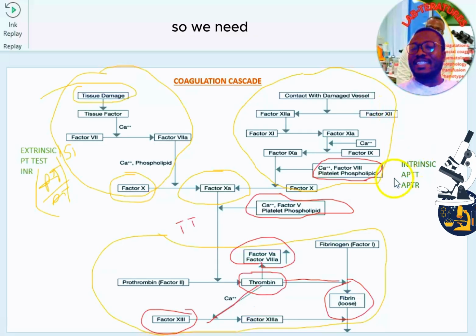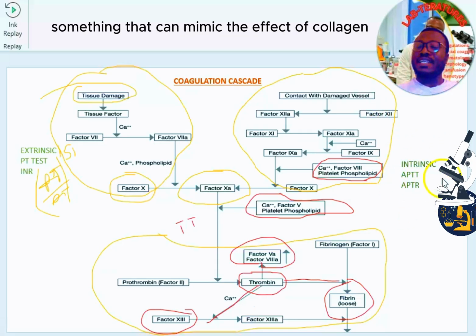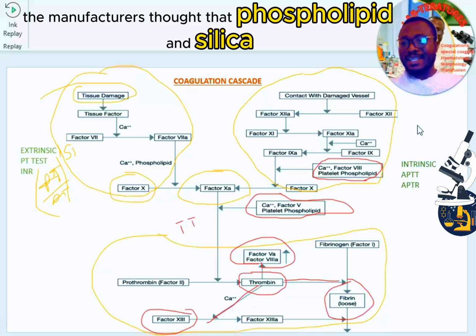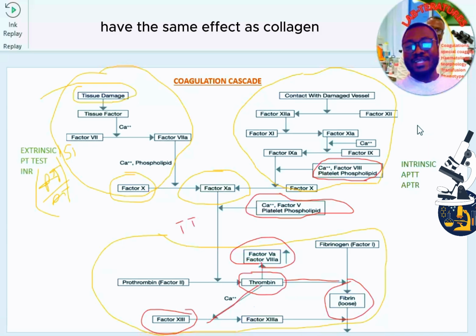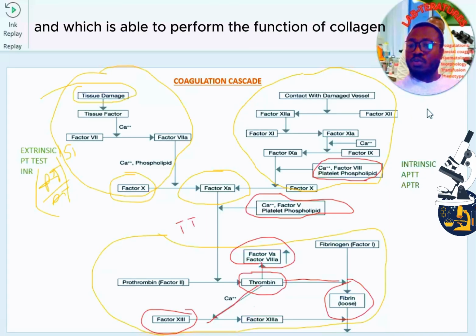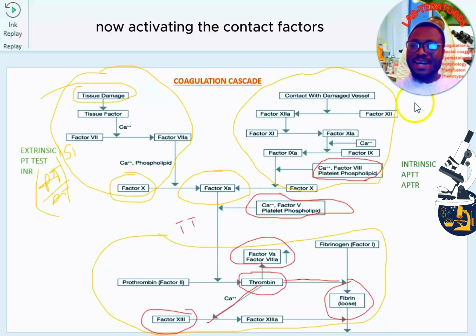So we need something that can mimic the effect of collagen in the APTT test. Now the manufacturers thought that phospholipid and silica have the same effect as collagen, and therefore the APTT reagent contains phospholipid and or silica, which is able to perform the function of collagen, now activating the contact factors.